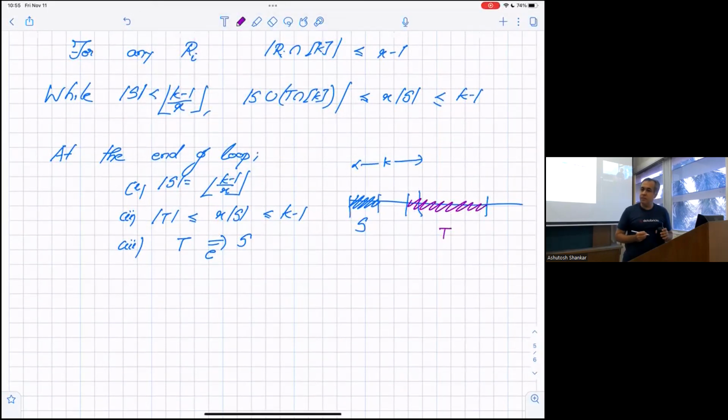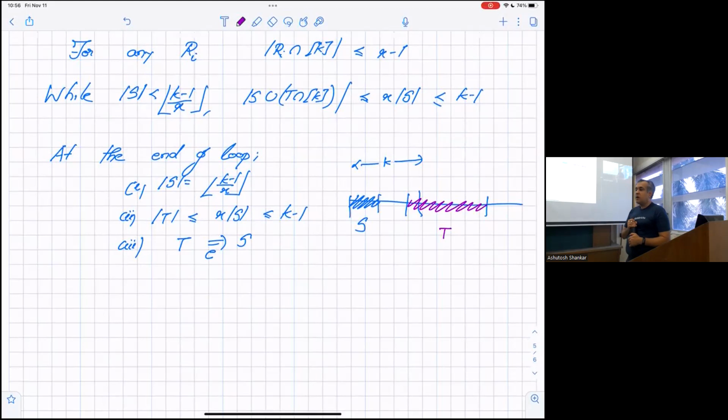We know that T implies yes. I want to go with T all the way to K minus 1.